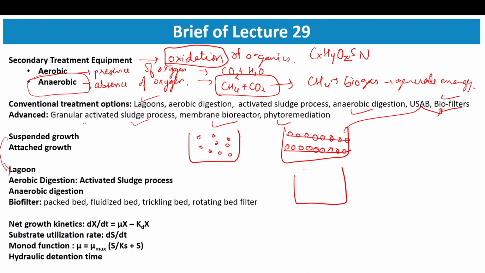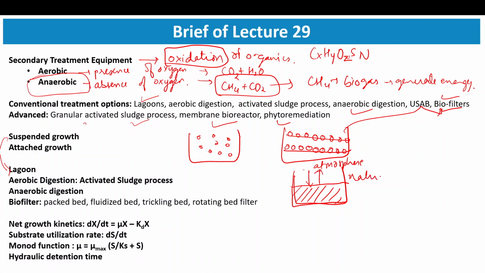Talking about lagoons, it is nothing but you allow the water to undergo the oxidation process. If this is the pond, you allow it to interact with the atmosphere, and whatever natural microbes are present will cause degradation.